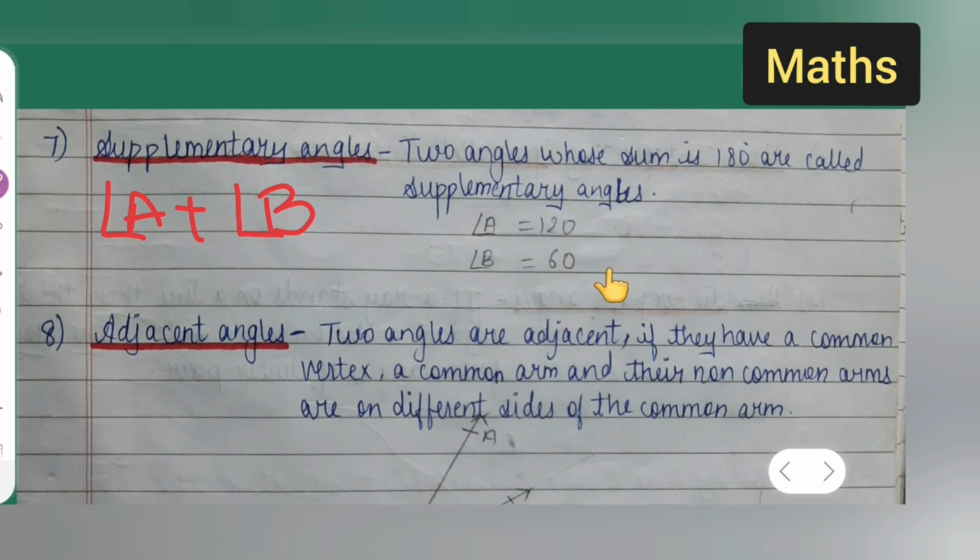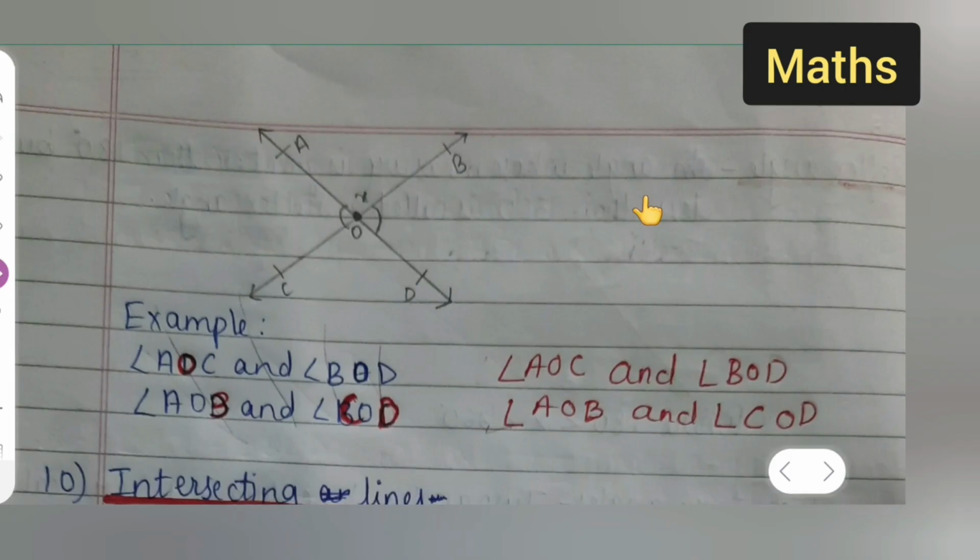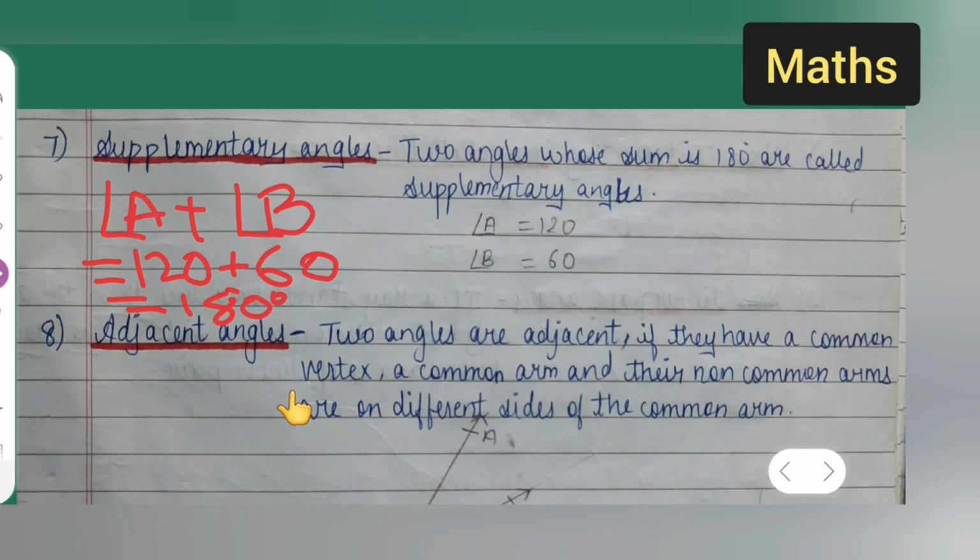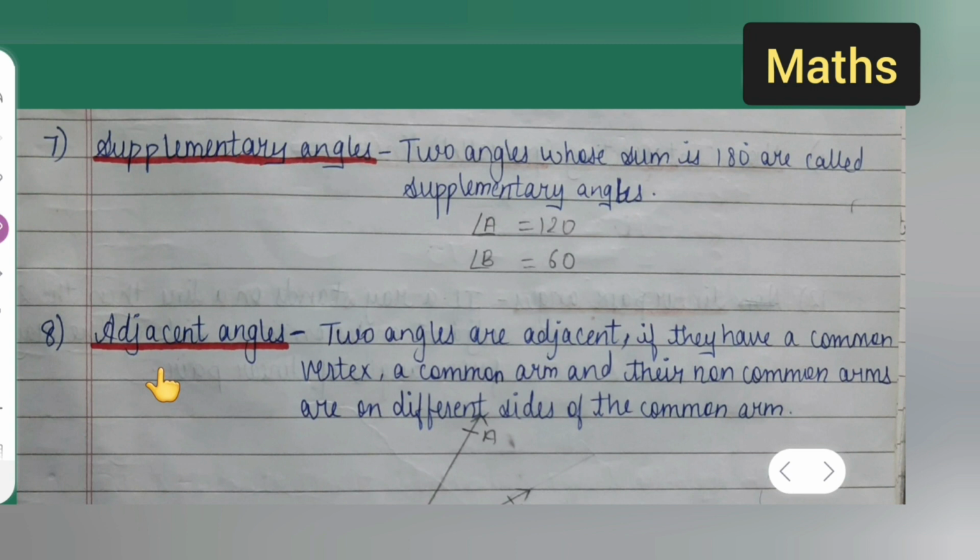So angle A plus angle B is 120 plus 60, and it gives you 180 degrees. I hope you have understood what supplementary angles are: the sum of the two angles should be 180. Next I'm moving further.